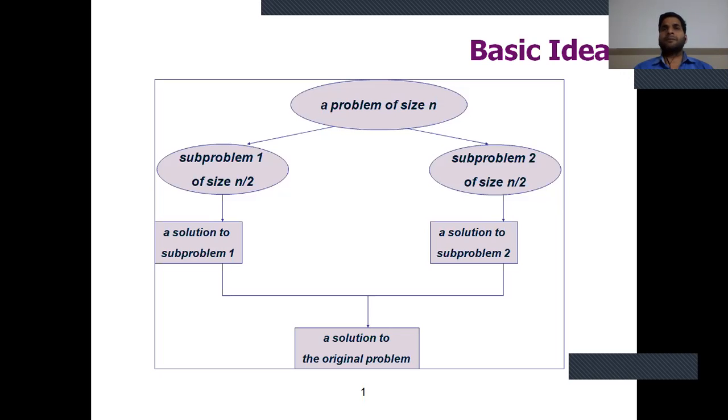This division gives subproblem 1 and subproblem 2. These subproblems are recursively divided till the array size is equal to 1. Next, we get the solution of the original problem by combining the solutions of these subproblems.